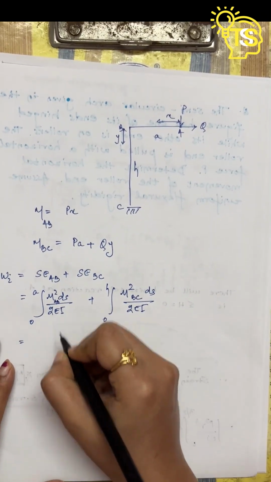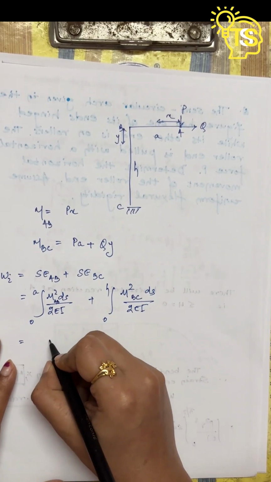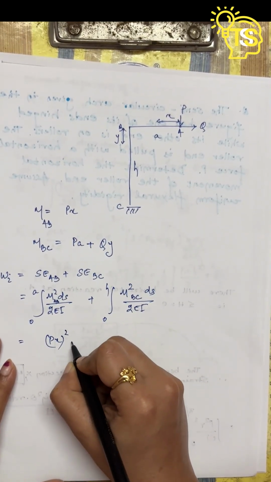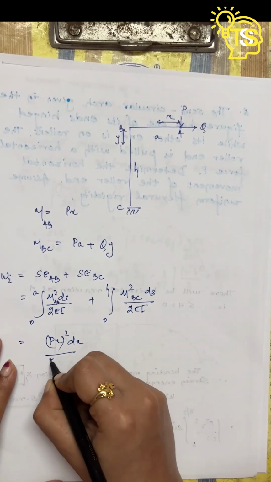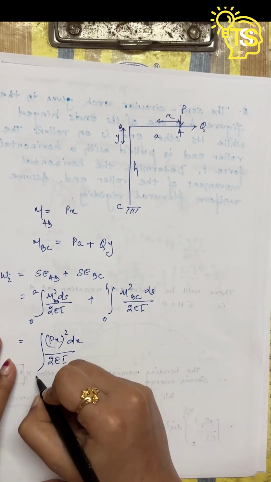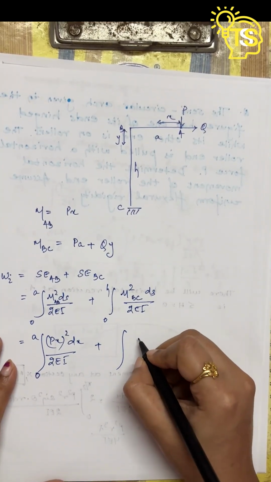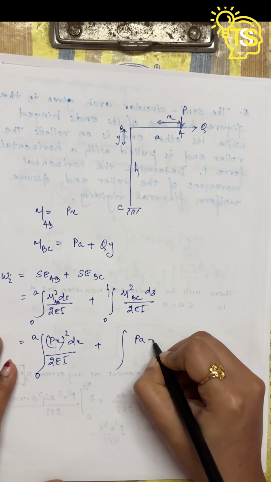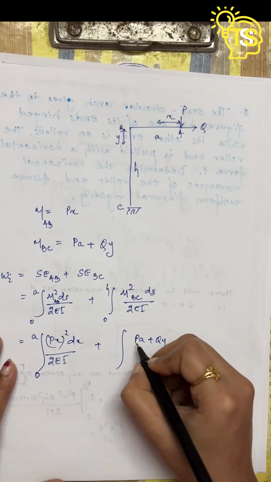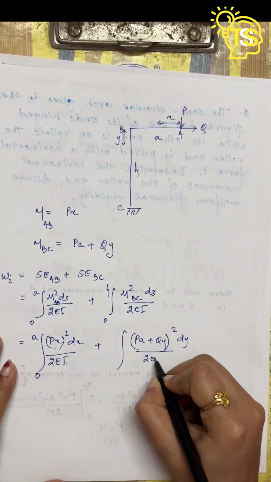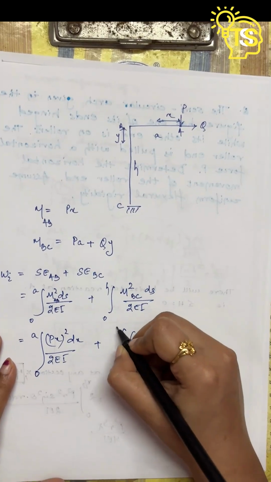Now let's put the value of M AB, that is Px whole square dx upon 2EI, limit from 0 to a. Here moment BC will be Pa plus Qy whole square dy upon 2EI, limit from 0 to h.